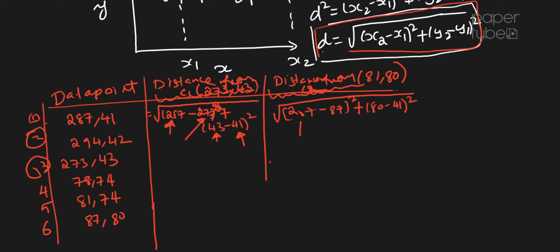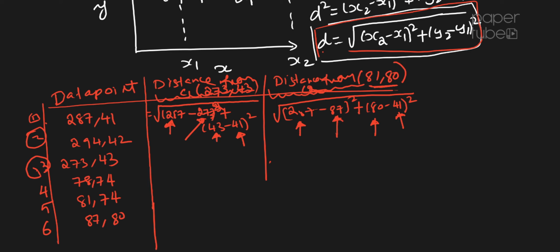And here is the same, 287 is the actual data point, 287, 80, and 87 and 41. So this is the data point that belongs to the cluster center 2, so which is here.